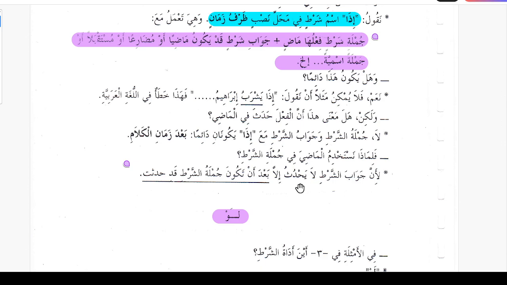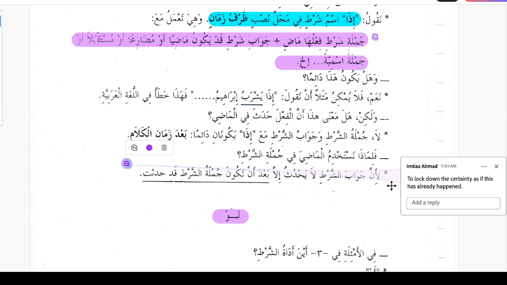So we use the jumla sharti in the past tense because the result of the condition does not happen until the jumla shartiya has happened. So that is why the past tense is used, which means past tense is used to lock down the certainty, as if this has already happened. So past tense is used to lock down the certainty of its happening.